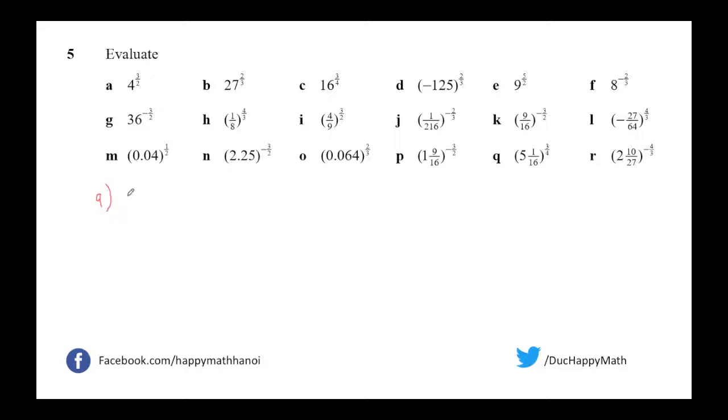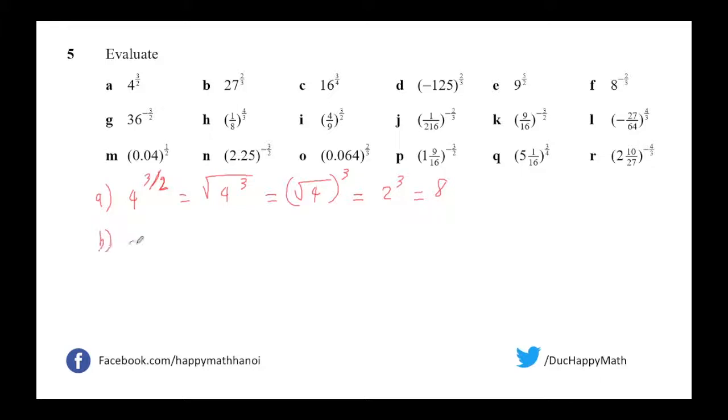For example, 4^(3/2). I take the rational power first: you have a 2 in the denominator of the power, so it will be the square root of 4 to the power of 3. Since 4 cubed is difficult to count, I take the square root first. The square root of 4 is 2, then 2 to the power of 3 outside gives 8.